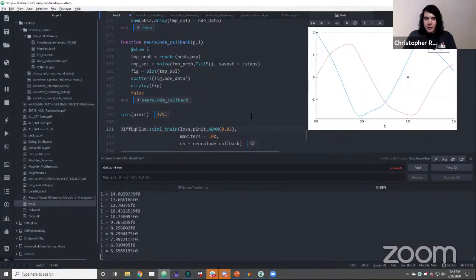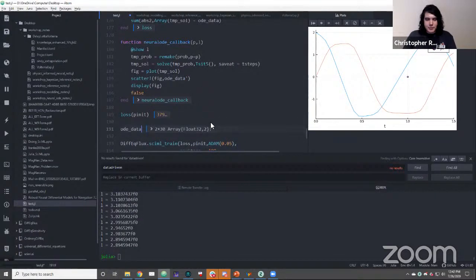So here it is doing this in an odd way because what is my ODE data now? Oh, because I did not give it the right time points. Right, so it plotted at time equals 1, time equals 2, etc., which is not what I wanted. I wanted it to use the t-steps here.